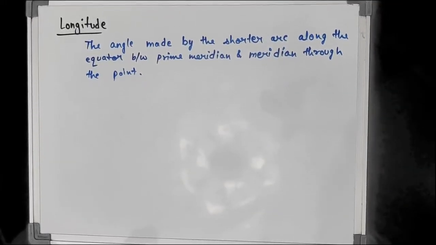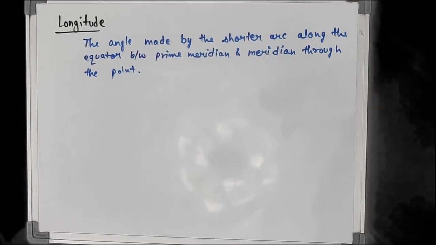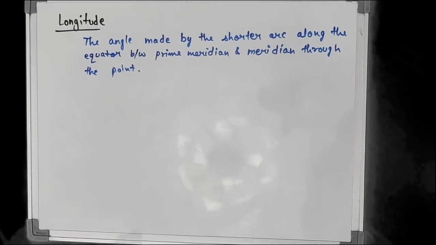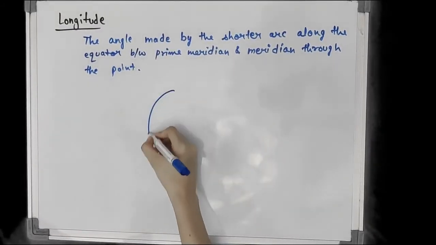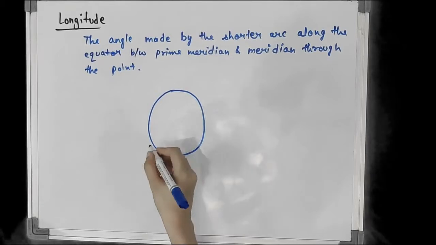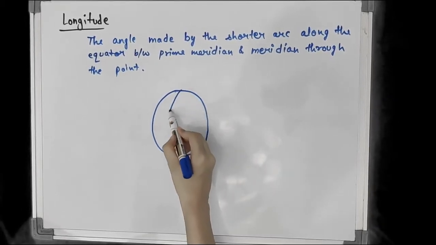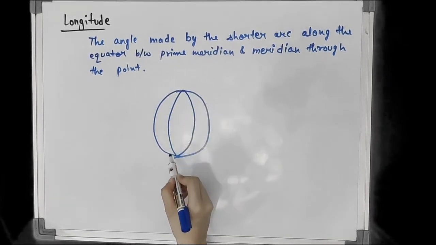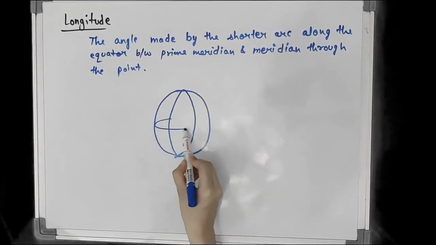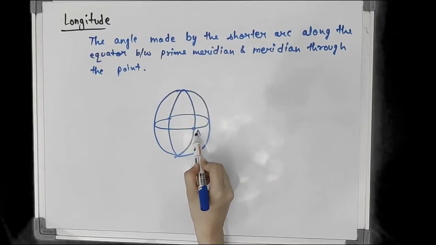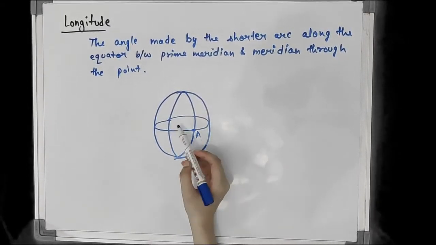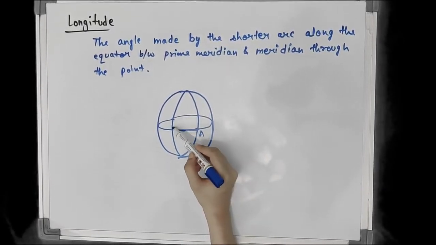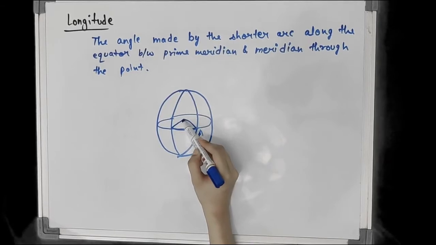Longitude. The angle made by the shorter arc along the equator between prime meridian and meridian through the point is called longitude. So let's assume that this is the prime meridian and this is the meridian through a point A. Now, the angle this shorter arc is making along the equator is defined as the longitude.